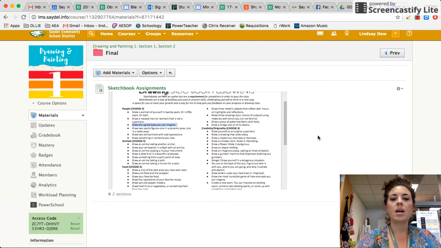Last semester, I actually had a lot of people use their sketchbook assignments as prompts for their paintings later in the semester, or they kept their sketchbooks so that they could use them in Drawing and Painting 2. So all semester, you have to work on it. While I'm gone, you do have a project to work on, but Friday afternoon, if you need a little break, you are allowed to get your sketchbook out and work on that, okay? So that is your sketchbook.